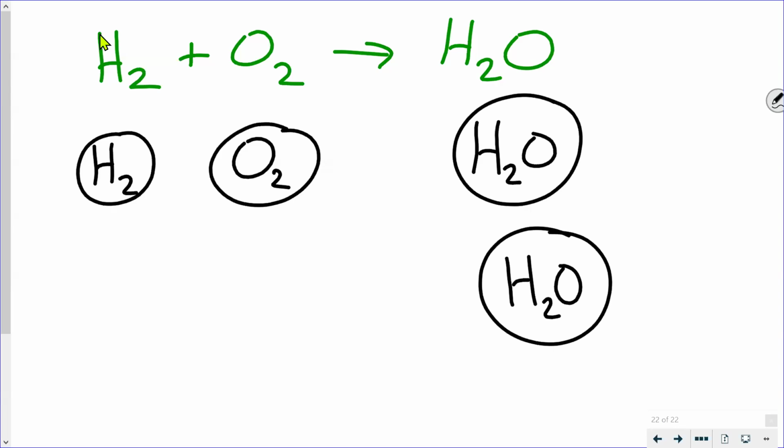And by doing that, I now need how many hydrogens on the left-hand side? Two. I now need another H2. So I have 2 hydrogen, 1 oxygen, 2 oxygen.